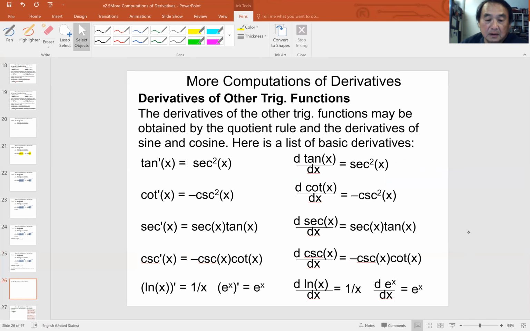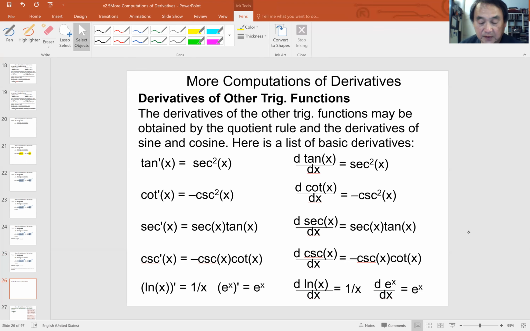From there, we can extract the derivatives of all the other trig functions, because all the other trig functions are basically divisions of sines and cosines: the reciprocals 1 over sine, 1 over cosine, or sine divided by cosine, cosine divided by sine. That means we can apply the quotient rule to obtain the other derivatives.